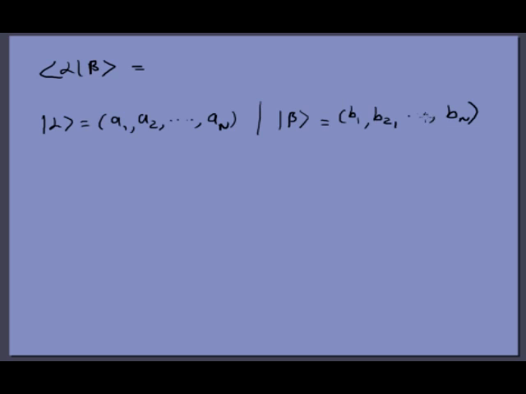Then alpha dot beta can be a1 star b1 plus a2 star b2 plus ... plus an star bn. So we are able to get the inner product directly using just the n-tuples.